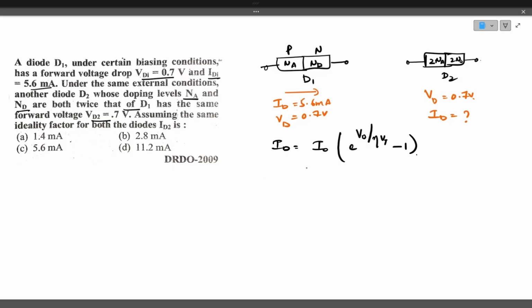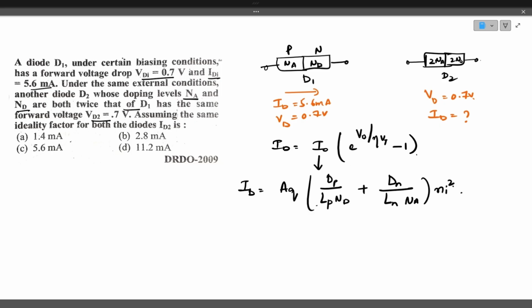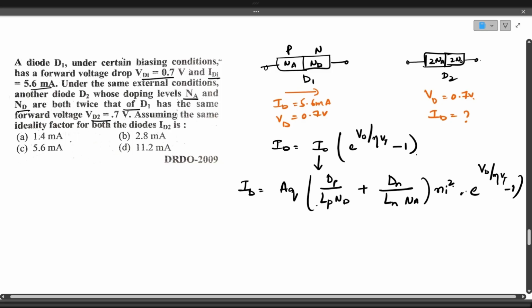Whereas I naught can be expanded like this: I naught is equal to A Q times Dp by Lp, the diffusion constant of holes divided by their diffusion length, plus Dn by Ln for electrons, multiplied by Na and Ni square. This is I naught multiplied by e to the power of VD by eta Vt minus 1.